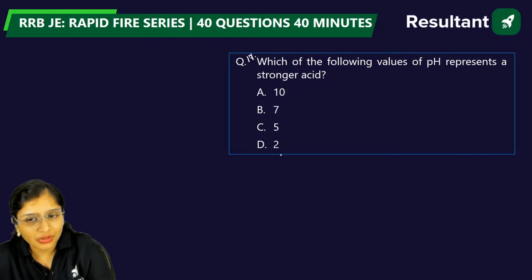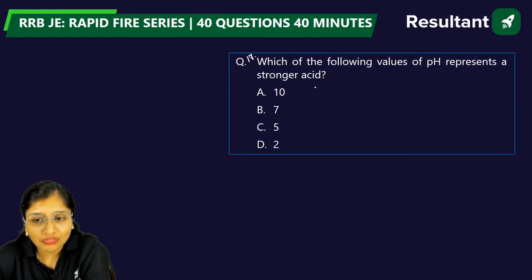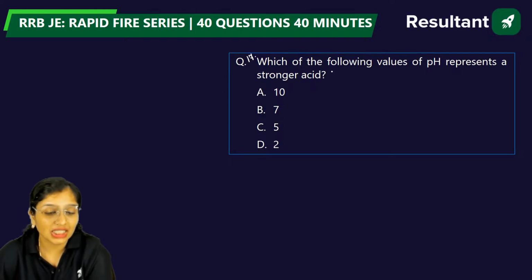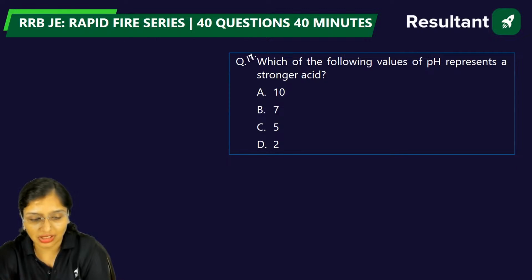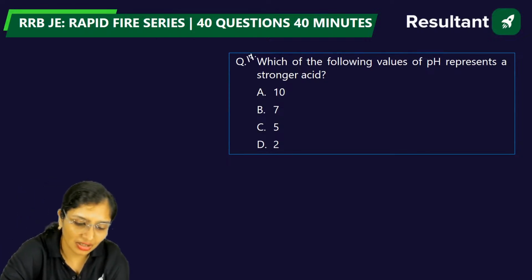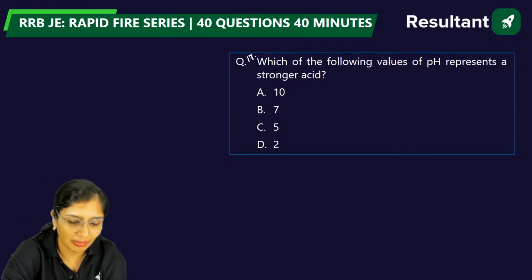Okay. Now, question number 17. pH is given to you here and it is asking which of the following pH represents a stronger acid. Which will represent a stronger acid? Come on, guys. You can write the question number so that it becomes better.